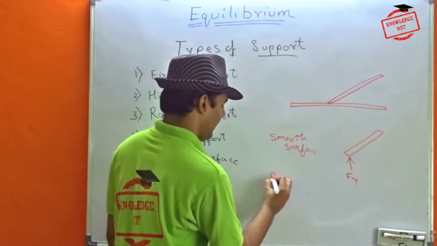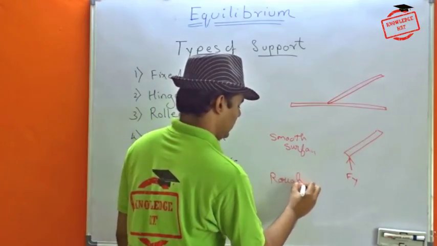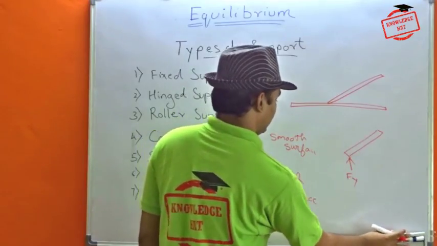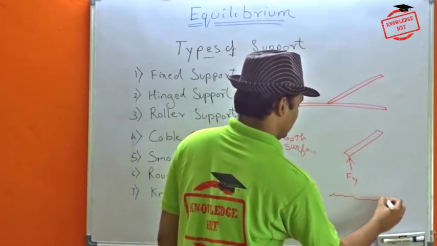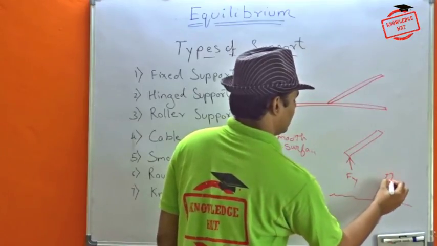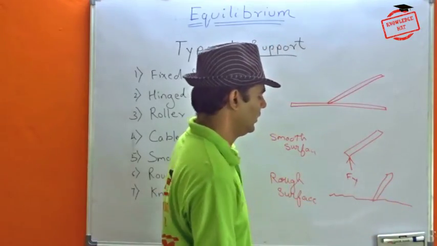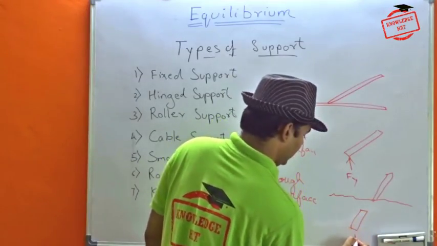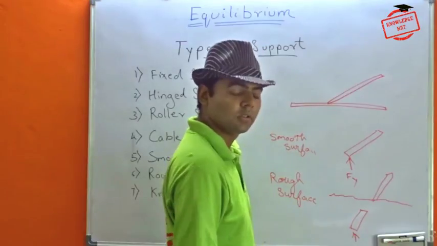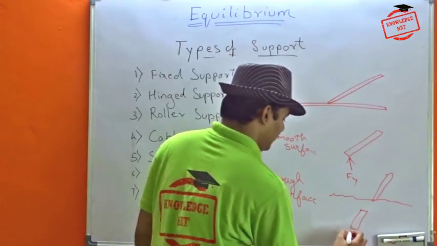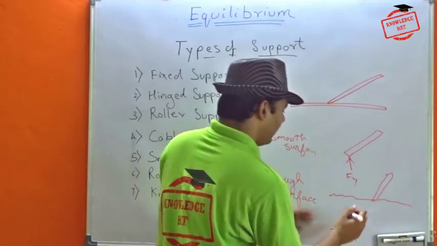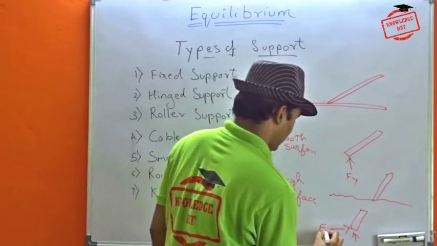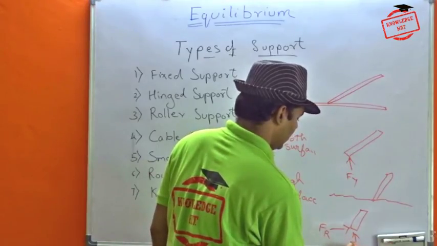But if we have the rough surface, suppose this surface is something like this and our beam is kept here, then for the beam there will be an upward force and there will be some friction offered when this beam is moved along the surface. So that is given by Fr and this is Fy.